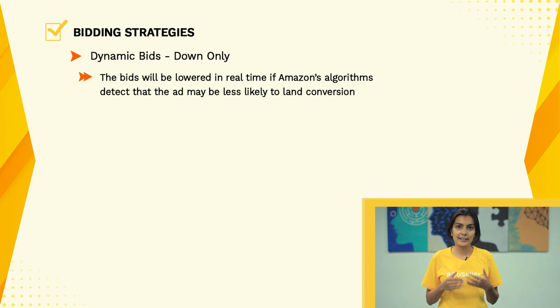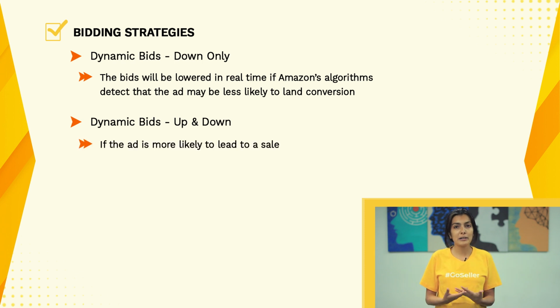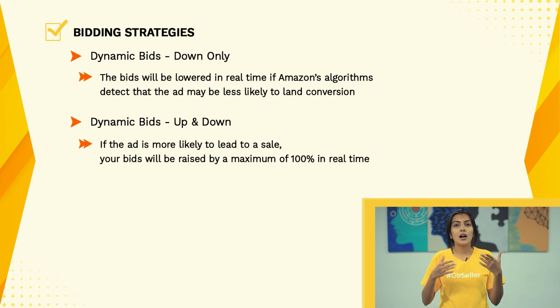So moving on to the second type of strategy, which is dynamic bidding up and down. If Amazon detects high probability of conversion for a specific keyword and placement, then Amazon can increase your bid by 100%.